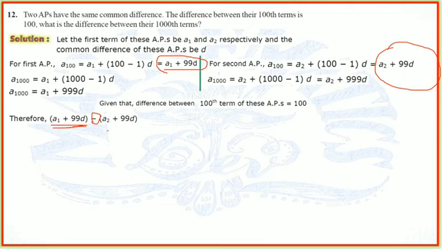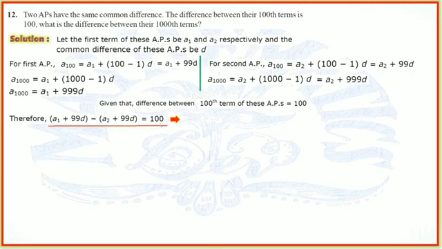So let us solve it: A1 minus A2, it is given it is equal to 100. The 99D minus 99D cancel. So A1 minus A2 is equal to 100.